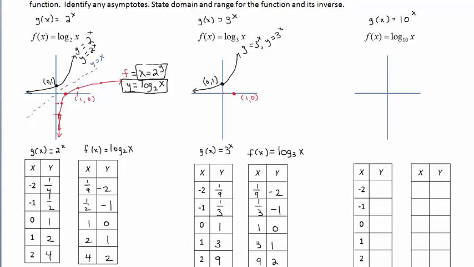Well, 1/9 is going to be really close to the y-axis, and -2 would be somewhere down here. The next point is (1/3, -1), which is about right here. I've plotted (1, 0). Now I'm going to plot (3, 1). It's probably here. And then the last point is (9, 2), but it would be very difficult to extend and graph (9, 2), so we're just going to draw the graph off the points we have as they suggest the graph should look.